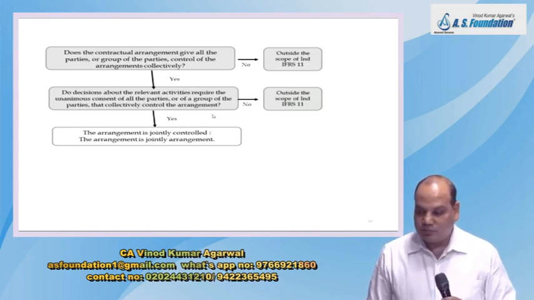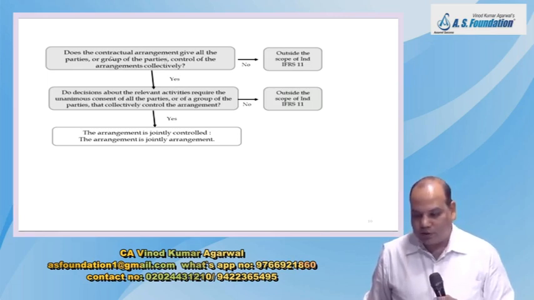Now see, there is a small flow chart for understanding whether this standard is applicable or not. Does the contractual arrangement give all the parties or a group of parties control of the arrangement collectively? If the answer is no, it is outside the scope of IFRS 10, 11.